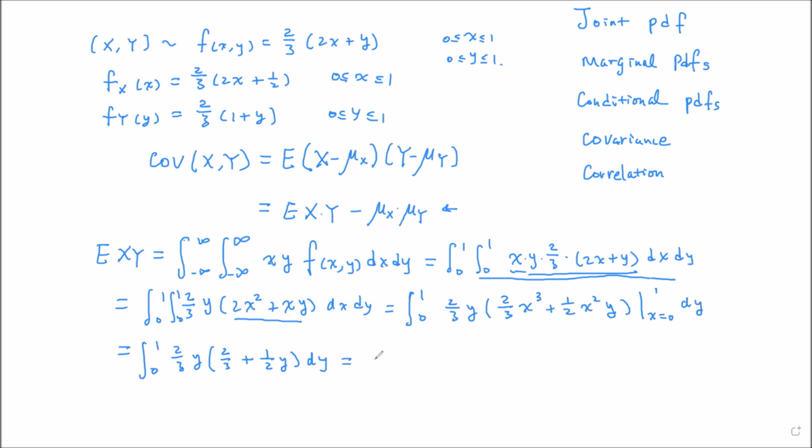All right. And then let's move y inside. I have 2/3 of y plus 1/2 of y squared, dy, and find the antiderivative. You have 2/3 times 1/2 y squared plus 1/2 times 1/3 y to the third, and y runs from 0 to 1.